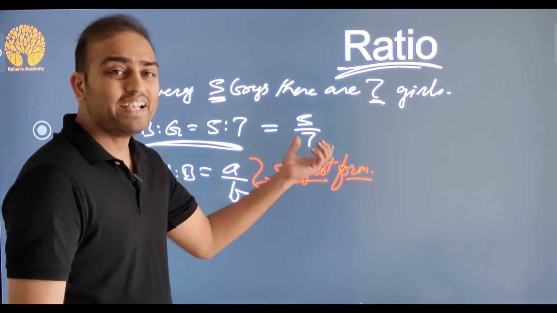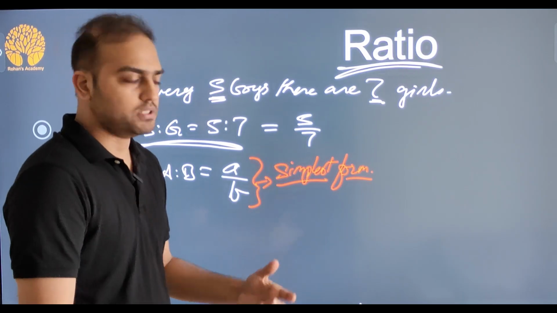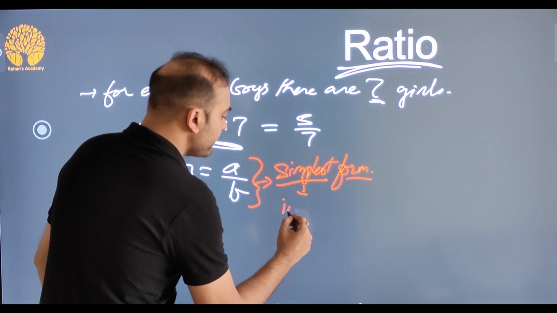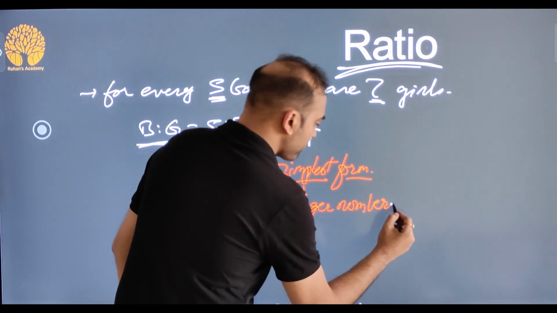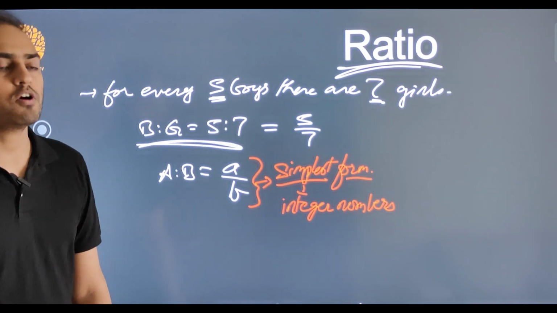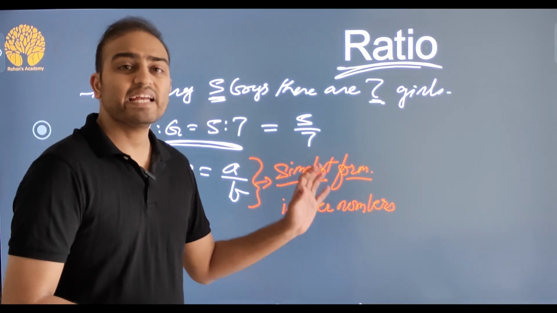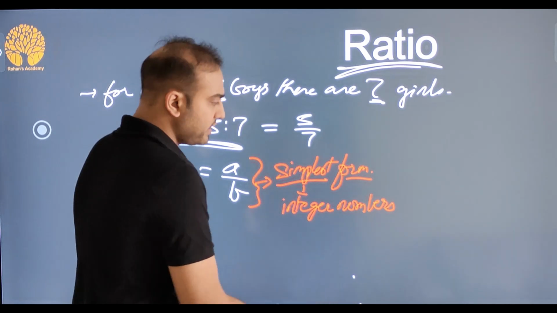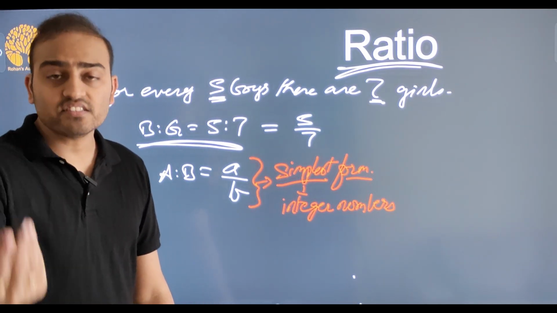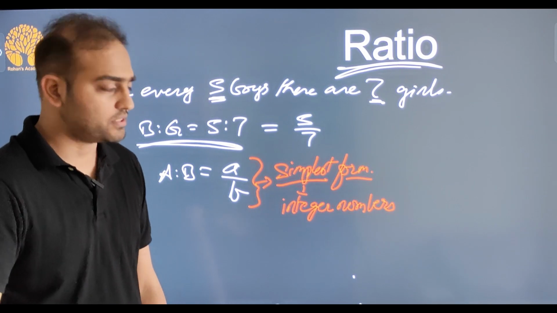Simplest form means integer numbers. Simplest form simply means that you use integer numbers, which basically says you can't have decimals or you can't have fractions.